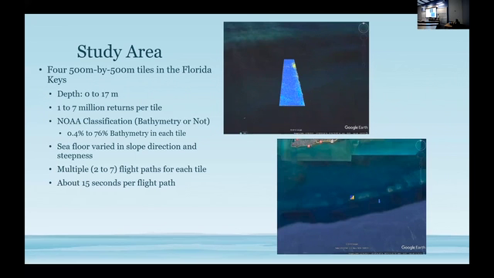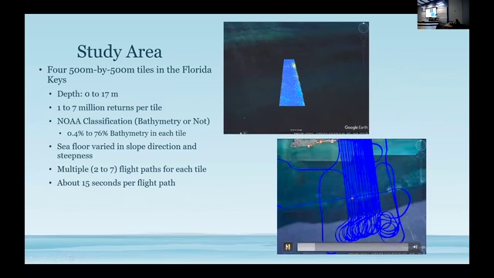So in doing that, these tile data sets, as I said, they're not flown in squares. They're flown, as you can imagine, with flight paths. So the plane goes over, turns around, comes down, turns around, and goes back.